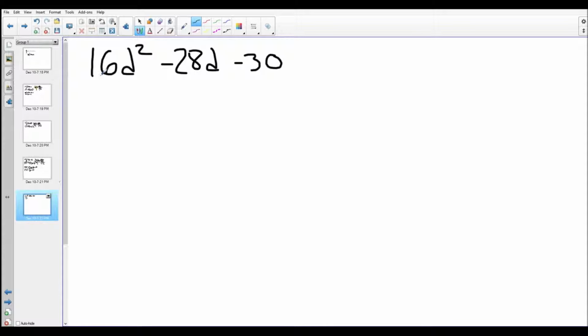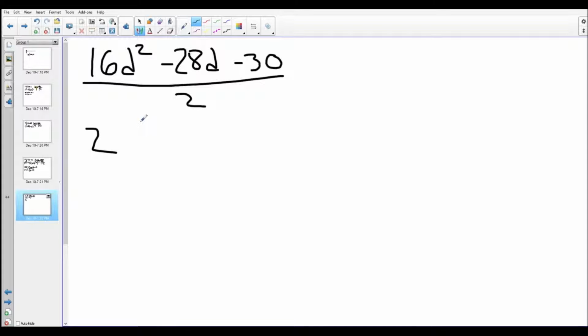Here we have 16d squared minus 28d minus 30. Right now I can see that I can common factor this whole piece, and I can divide it by 2.